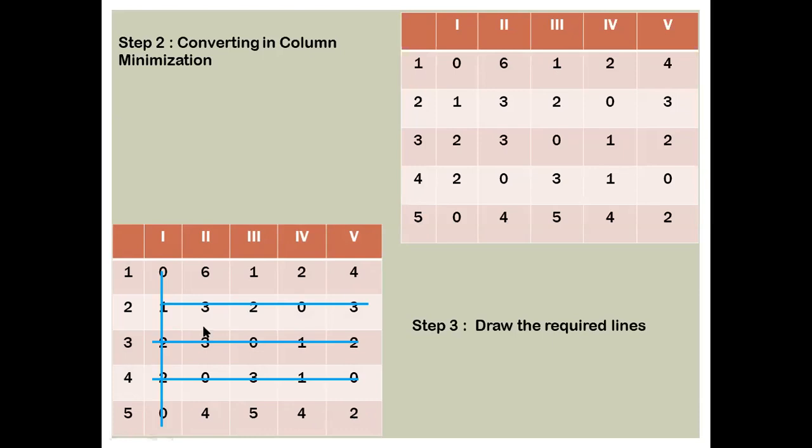Similarly, numbers like 0, 3, 2, 0, 3, 3, 0, 1, 2, 0, 3, 1, 0, 0 are called as closed elements because they are covered by a line.